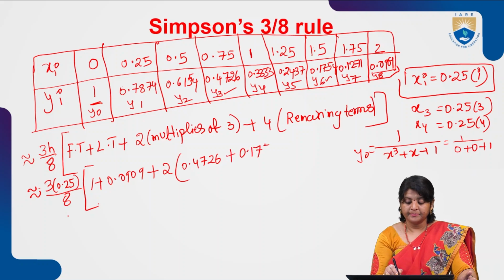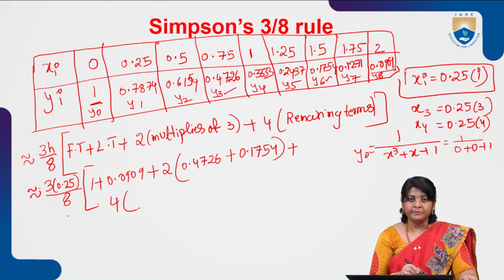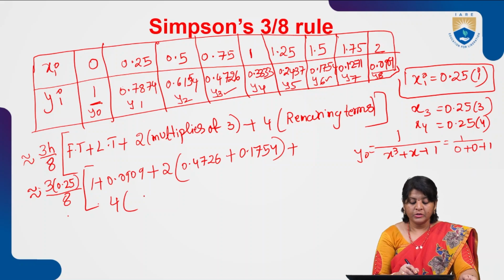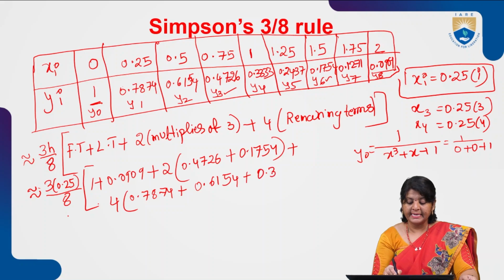And next, 4 into the remaining terms. All the remaining terms are y1, y2, y4, y5 and y7. So 4 into 0.7874 plus 0.6154 plus 0.3333 plus 0.2437 plus 0.1271.